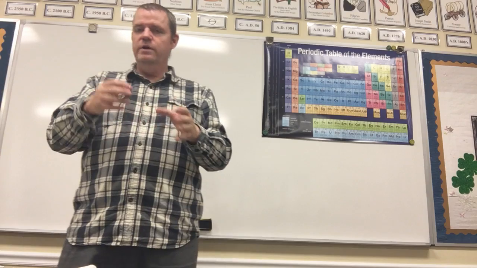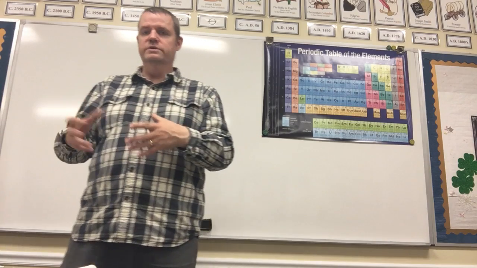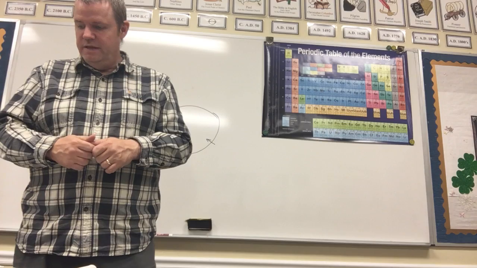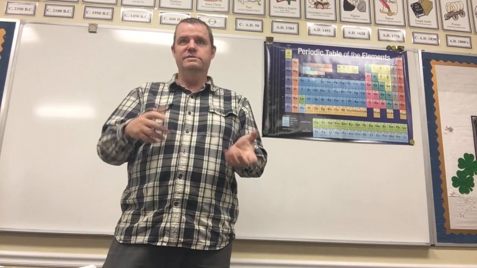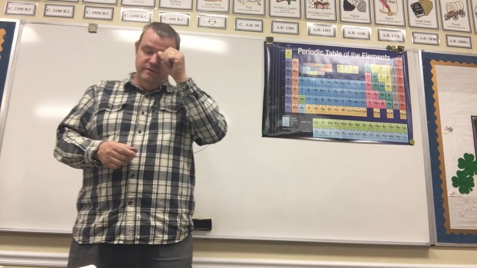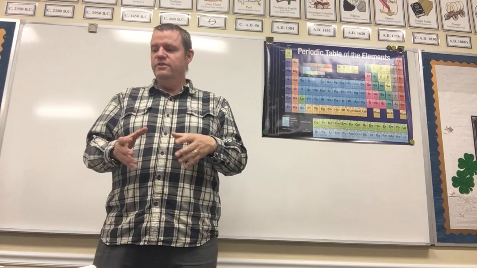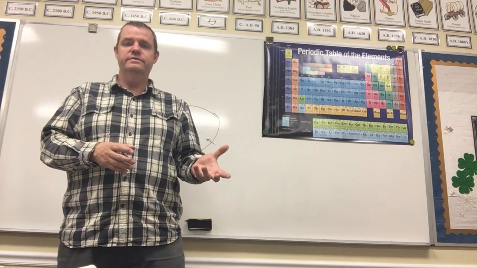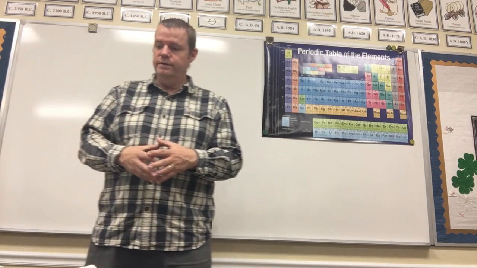So anything like that where you have a solid and a liquid, then it's pretty easy to tell which one is the solvent and which one's the solute. In a case where you have two liquids, it's a little bit harder to tell which one's the solvent. In that case, for the purposes of chemistry and of science, we say that the one that has the larger volume is the solvent, and the one that has the lesser volume would be the solute.